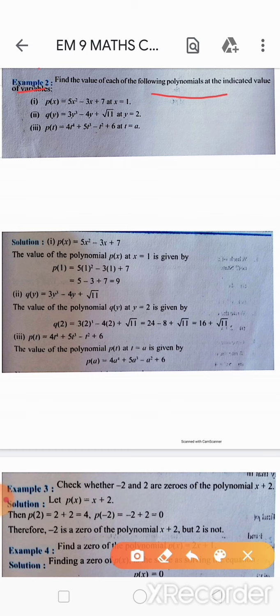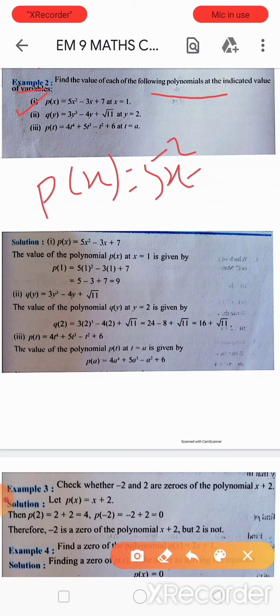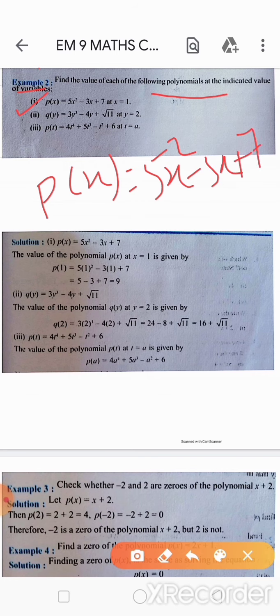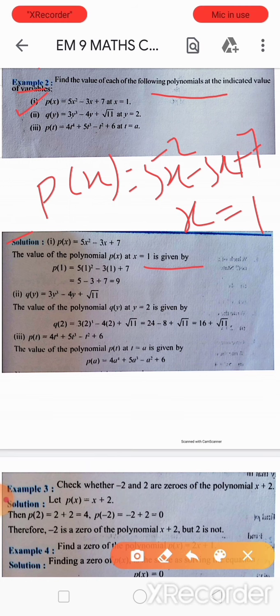In example number 2, the first question: our polynomial p of x is equal to 5x square minus 3x plus 7, and we have to find the value at x equal to 1. In the solution we substitute x equal to 1 in our polynomial.